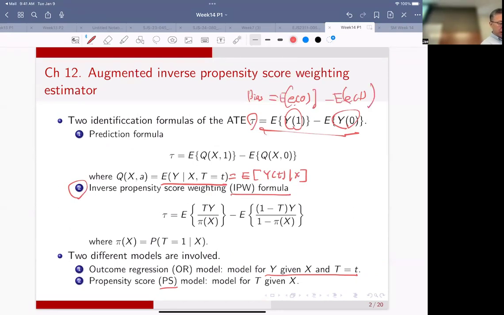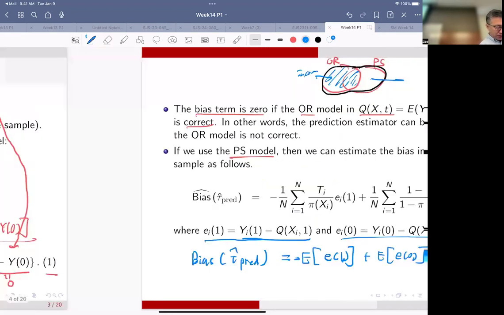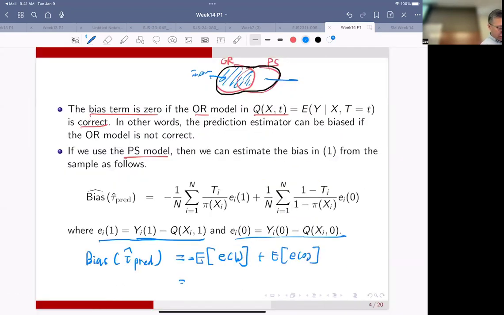So E0 minus E1. So then that means I can use this identification formula. So that means we can use E1, E0. Something like that. So that is basically what's going on here. So I can use that.